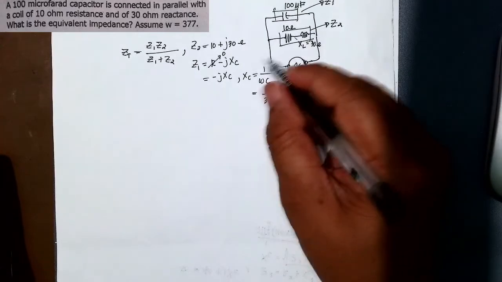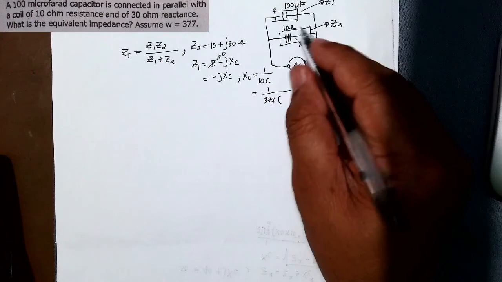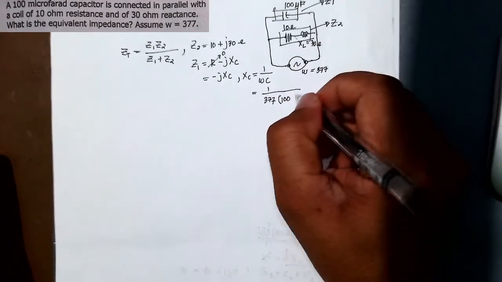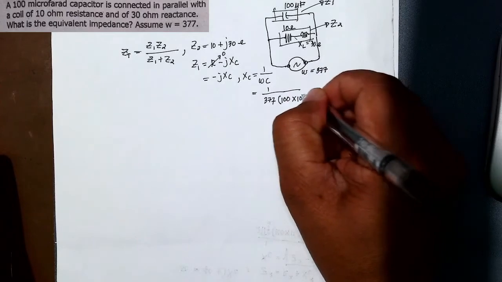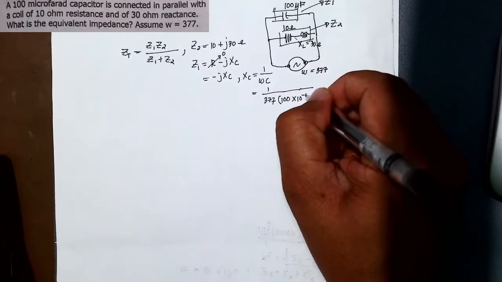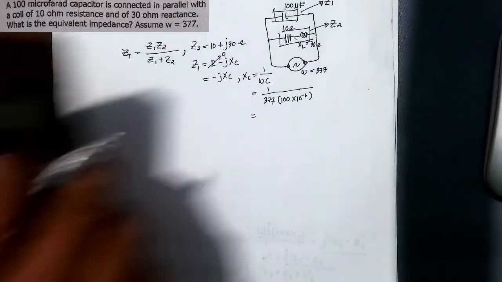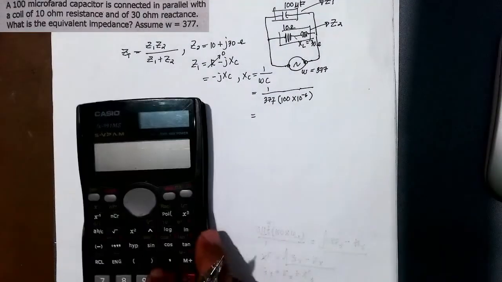To make it a reactance, we normally use the farad value, so we convert microfarad to farad by multiplying by 10 raised to the negative 6.